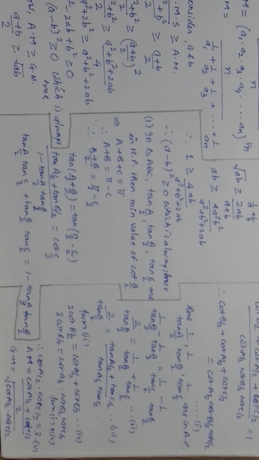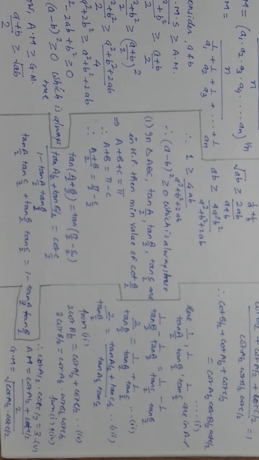That means the minimum value will be root 3 and more than that. So obviously the minimum value of cot B by 2 for the given relationship is root 3. I hope this is understood.